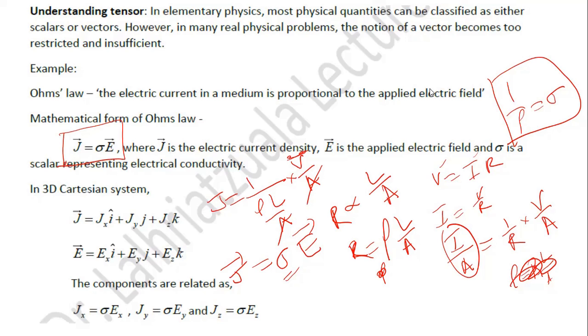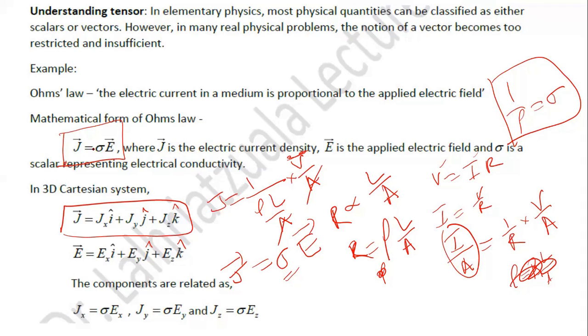That means if you write your current density vector in terms of the coordinate components jx, jy, and jz, you can write it as jx i cap, jy j cap, jz k cap. These are unit vectors. And your electric field in terms of the coordinate components is ex i cap, ey j cap, ez k cap.